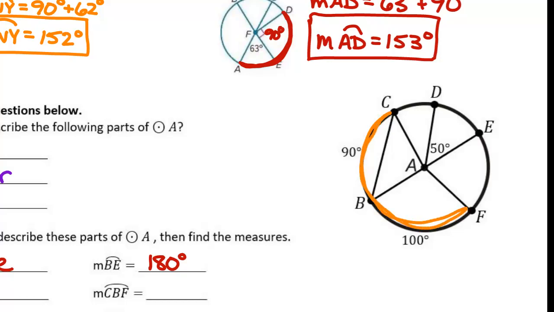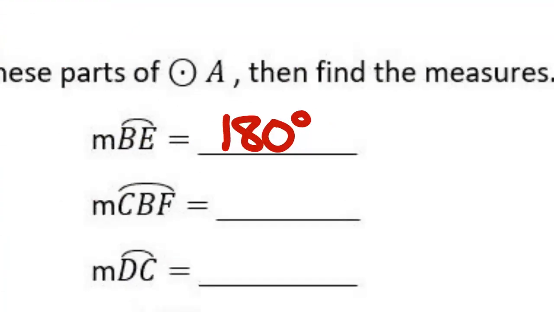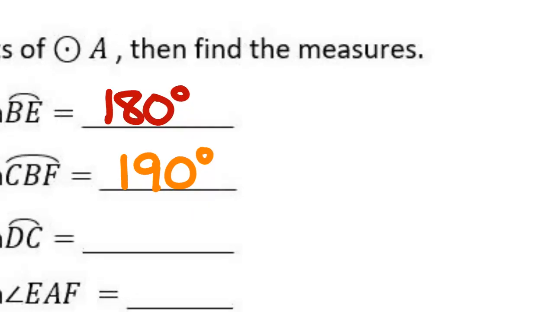CBF. What kind of an arc would that be? Major arc. What would the measure of that major arc be? 190 degrees. Nice job, because we have a 90-degree arc plus the 100-degree arc. And that's how we get the 190 degrees for CBF.